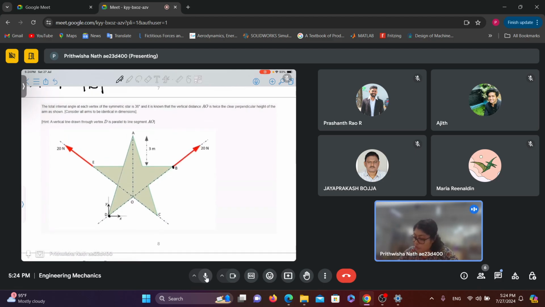So, I want everyone to try this question. The total internal angle at each vertex is 36 degrees. So, this angle is 36 degrees. And this total height AO is 6 meters.